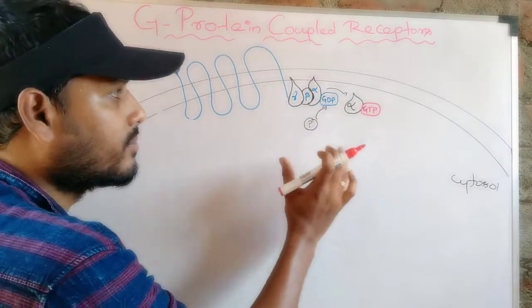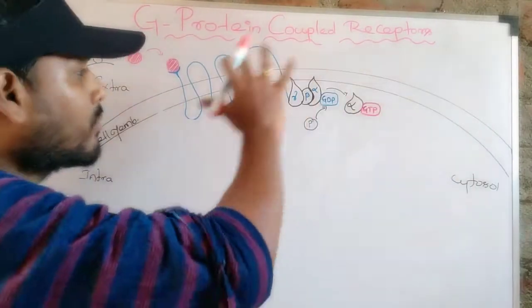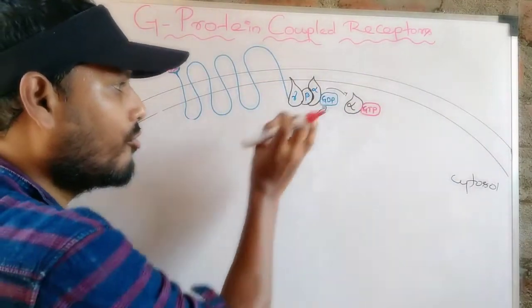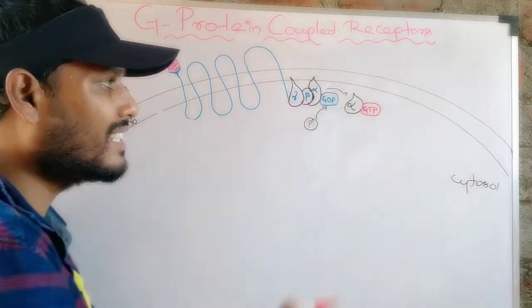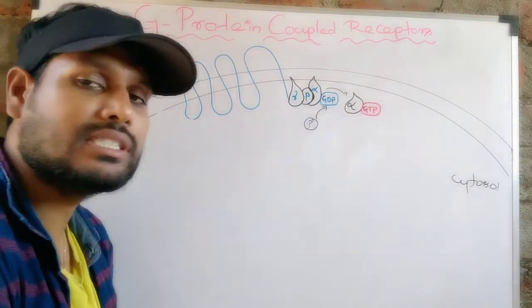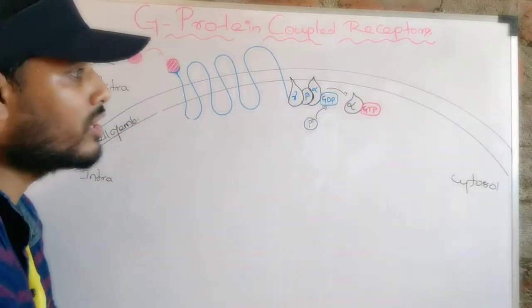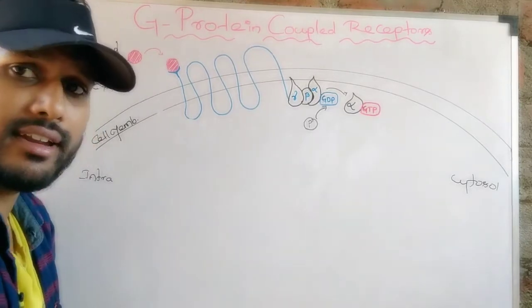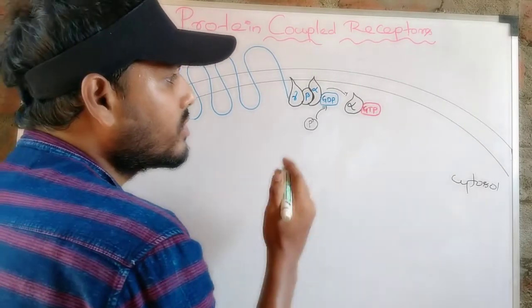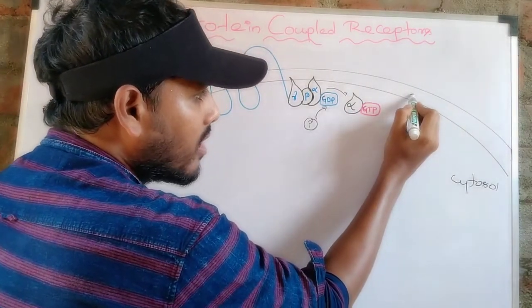Here in the G protein coupled receptors, after phosphorylation, the GDP converts to GTP. It will go and activate another kind of protein present inside of the cell.